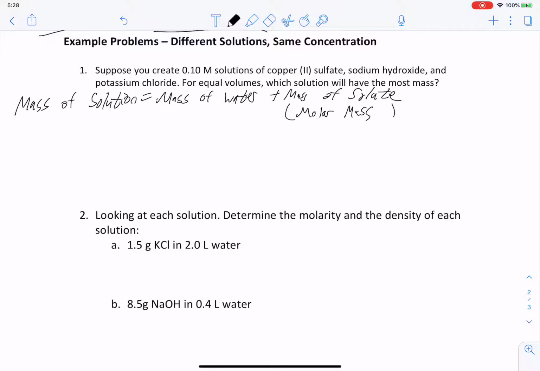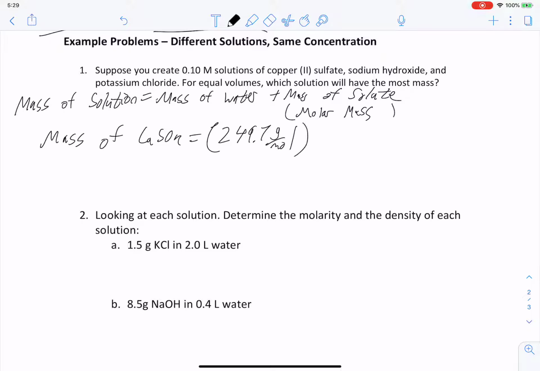All right, so let's start with copper(II) sulfate. The mass of copper(II) sulfate: first we take the molar mass, which we get by adding up in the periodic table copper plus sulfur and 4 oxygens. That would be 249.7 grams per mole.